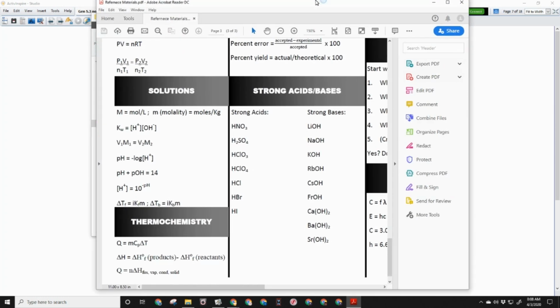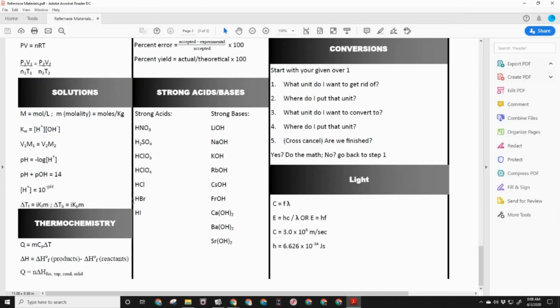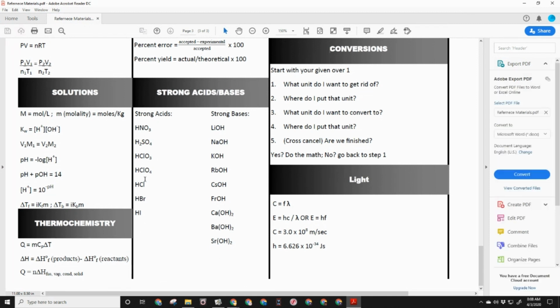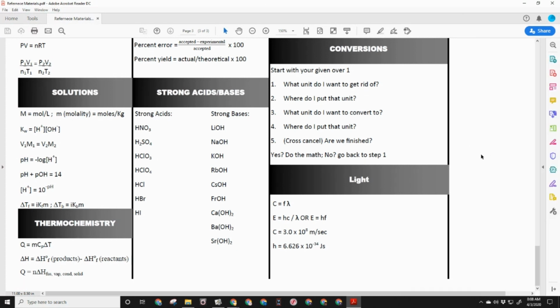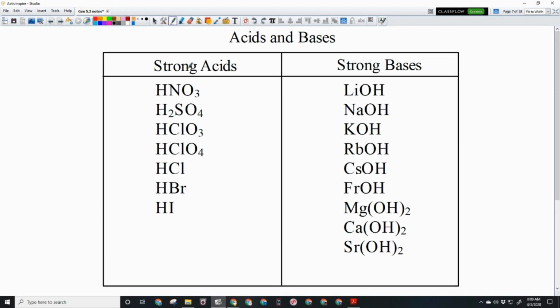Okay, right here. These reference materials are your list of strong acids and strong bases. You have that list right here that you can refer to as we go through this section on acids and bases. So make sure you have these in your notes, or that reference material available for you.